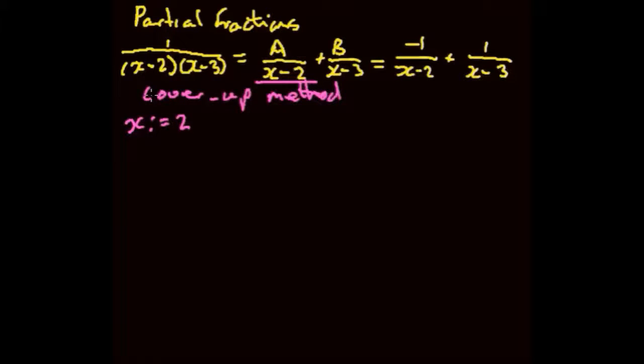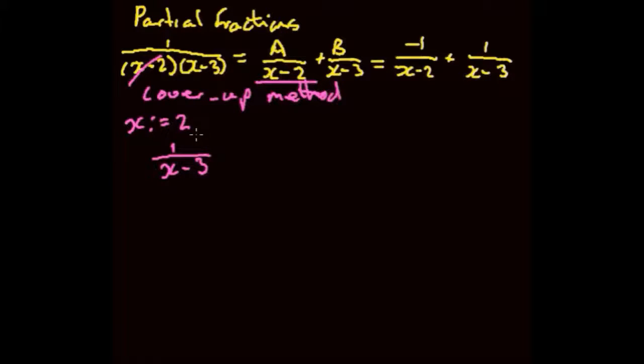So what I would do is, in the left hand side, I'd insert x equals 2, but I would cover up that first term. So there I am with the first term covered up. So I have, in effect, on the left hand side, 1 over x minus 3.